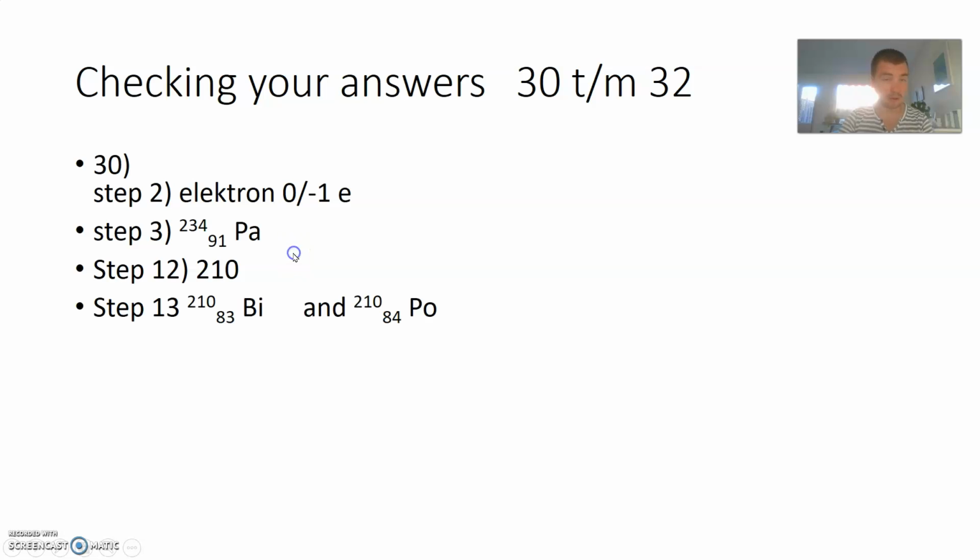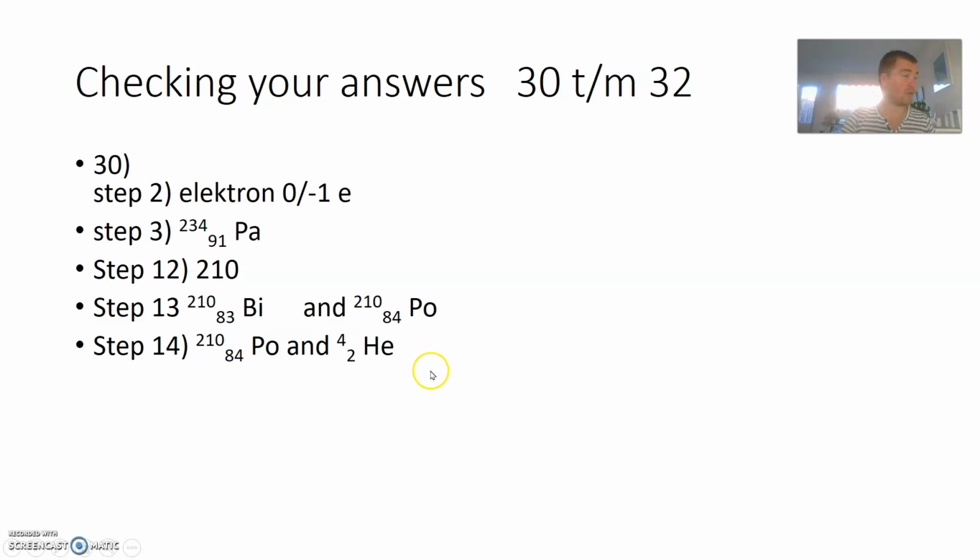Step 13, you've got 210 83 bismuth, and you can complete that at the end of the reaction because 210 plus 0 equals 210. And you've got 83 at the start of the reaction, and what should be on the other side is 84. 84 plus minus 1 equals 83. And at step 14, these are the answers: 210, 84 polonium, and 4 2 helium.